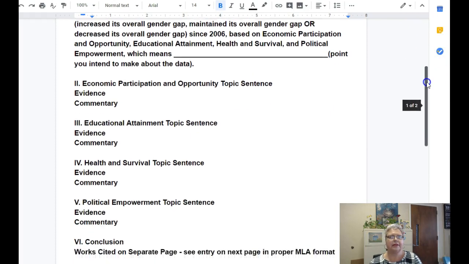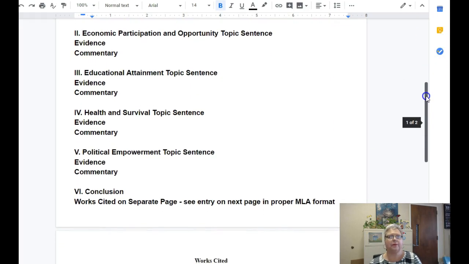Then here is the way the rest of it will fall out, which is the way that I believe you've already probably set up your document. Economic participation and opportunity, we'll start with a topic sentence. Then you'll give the evidence that you're going to bring from the report written in sentences, and then you're going to give your commentary, and you're going to do that for all 4 categories.